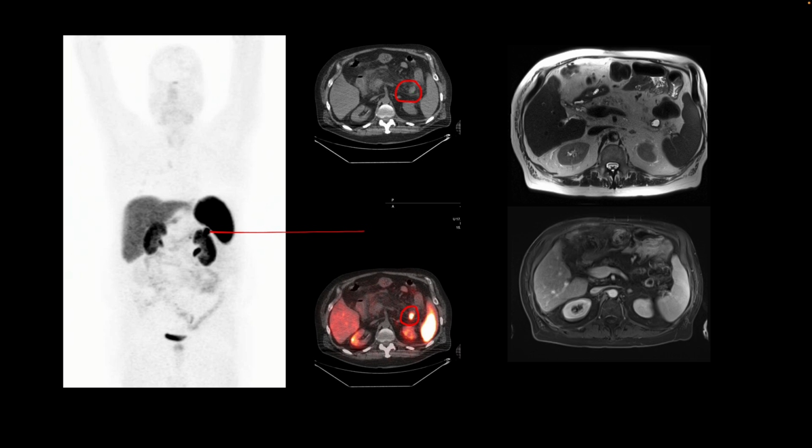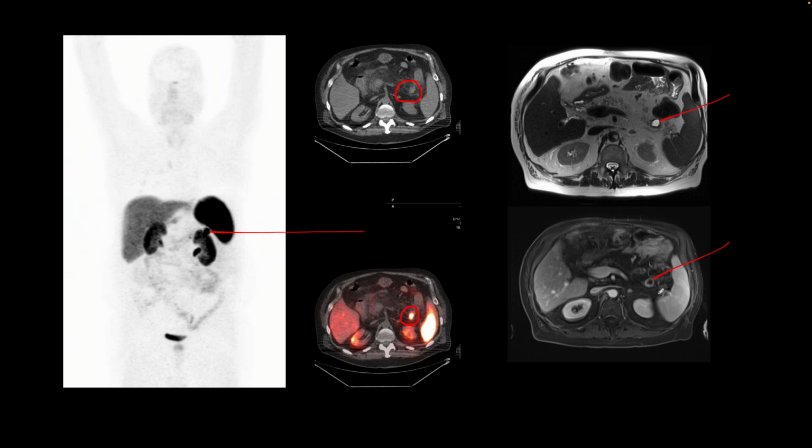2 years later, they came back for an MRI, and we find that the tumor is now cystic. This is a T2 weighted image showing high T2 signal inside the tumor, which tells us that there is fluid. The tumor is cystic now. And then here is the post-contrast T1 fat-saturated image showing rim enhancement around this focus, which is now cystic.